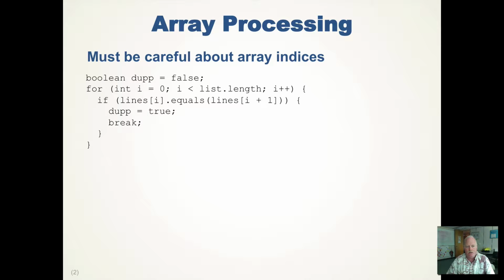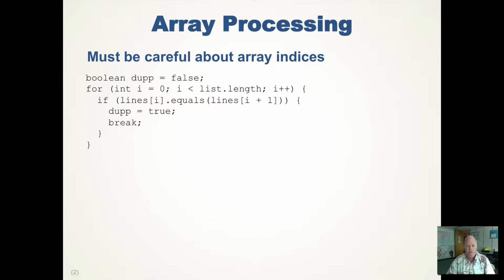Very commonly, you'll see something like for int i equals 0, i less than list length, where list is our array, and we go i plus plus. Then we're checking to see if there are two duplicate strings in our list. So we say line sub i equals line sub i plus 1.